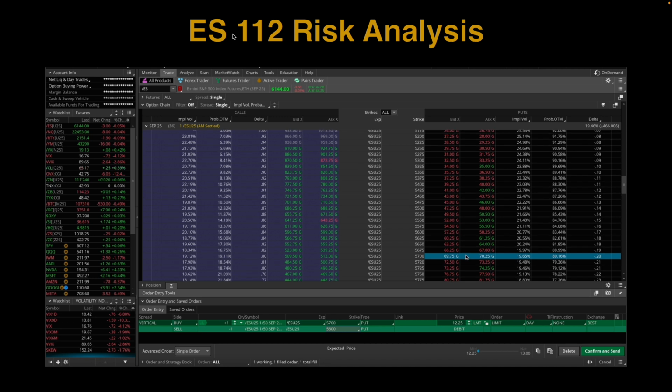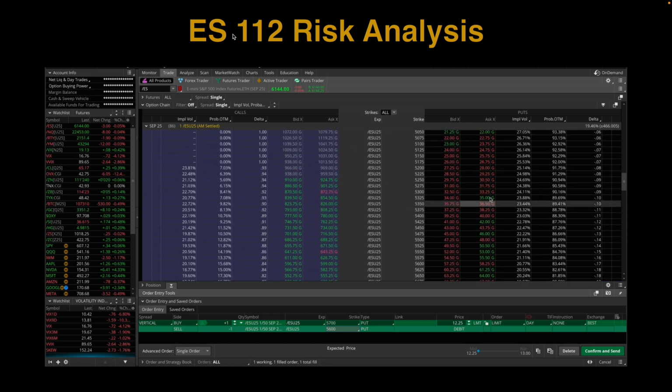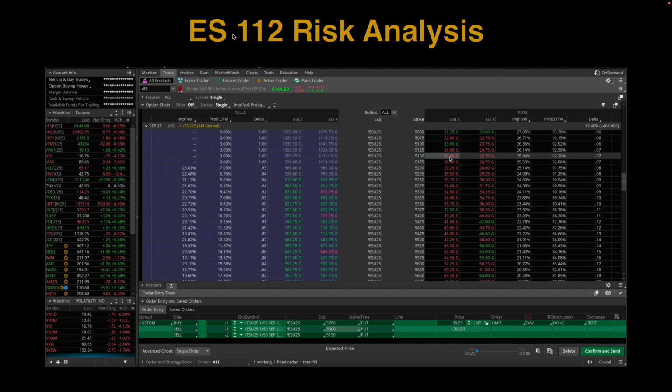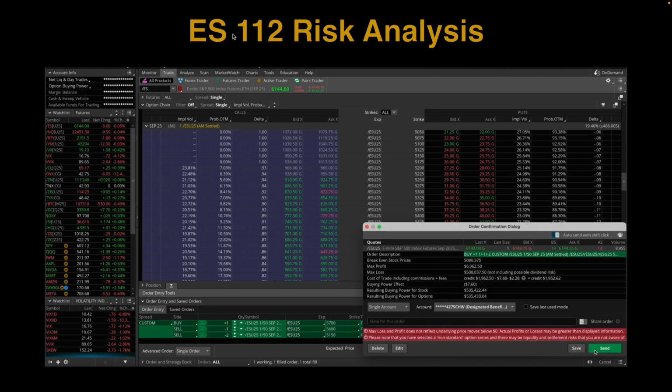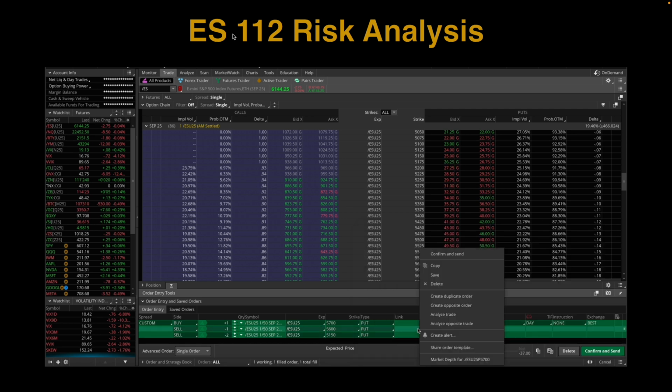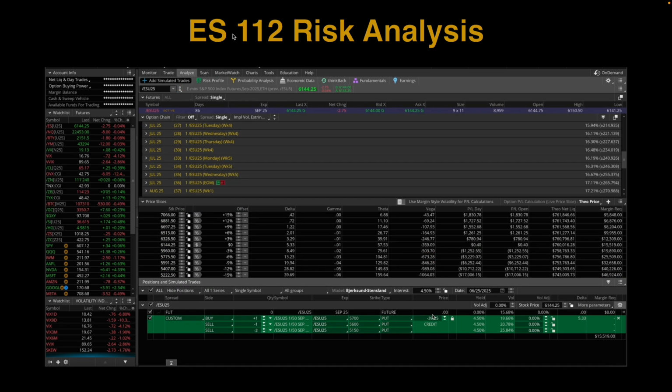Let's go down and figure out what strike puts we would be selling. The 5150 strike puts look attractive with a -7 delta here. That trade would bring in a credit of $1,952 with a max profit of $6,962.50. Let's analyze this trade to see what it would look like under times of market stress.